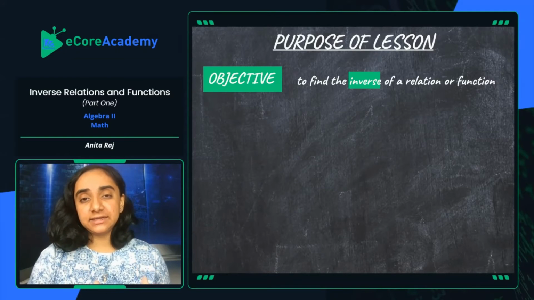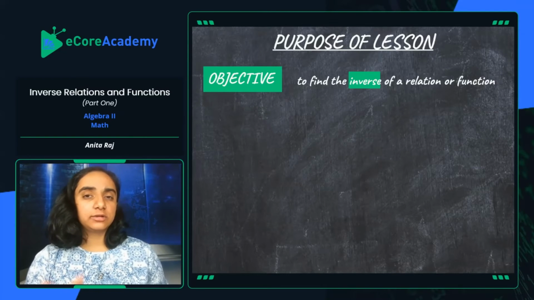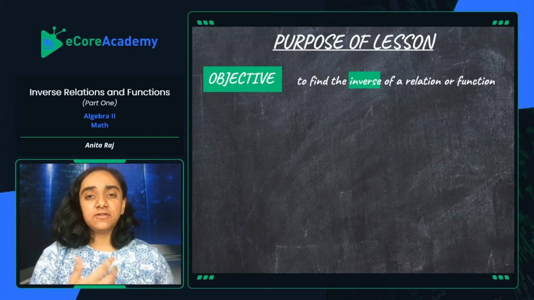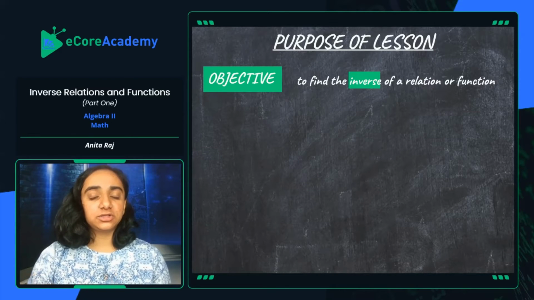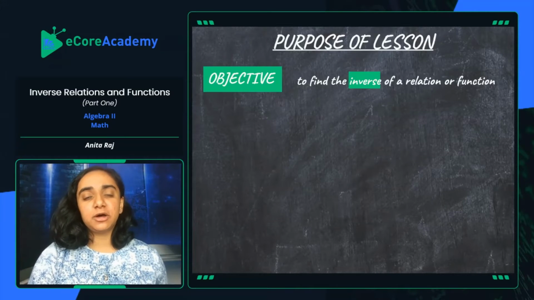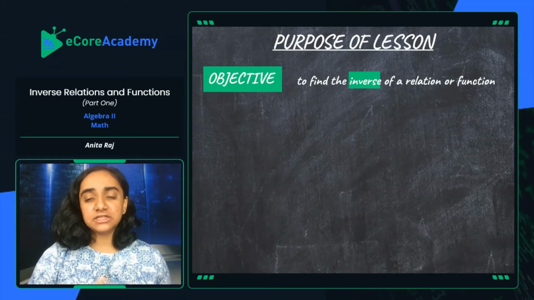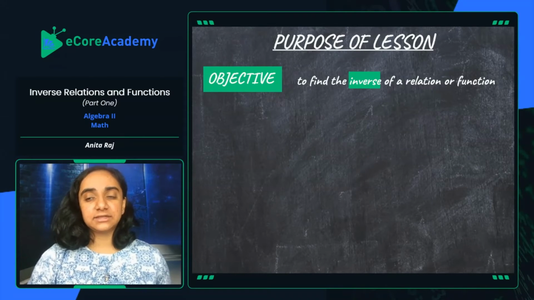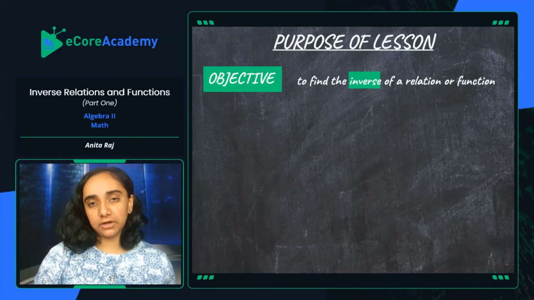But this is the key takeaway: multiple y coordinates cannot correspond to the same x coordinate. In other words, you can have multiple inputs correspond to the same possible output, but you can't have multiple outputs correspond to the same possible input. That's how functions work. So if that rule is violated when we look at these sets, then we know we're not looking at a function, we're looking at a relation.